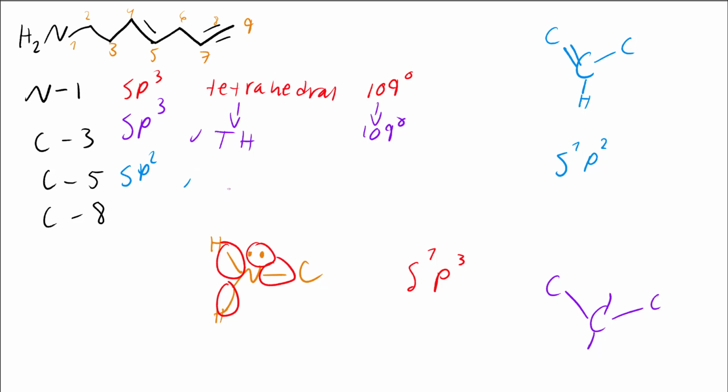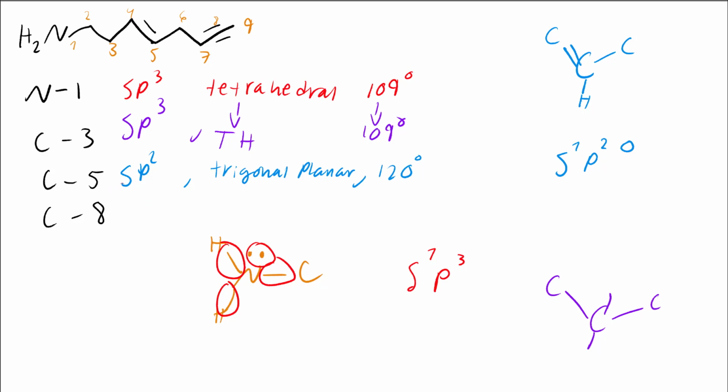And sp2 is classified as trigonal planar, right? Trigonal planar is 120. So you can think of 1, 2, and then you don't have anything here, so it's a 0. 120, that's pretty cool, right? 1, 2, and 0, 120. It's my little tip for you.